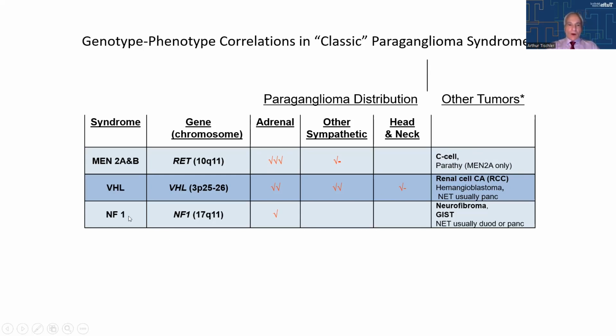Similarly, in neurofibromatosis type 1, we have predominantly adrenal tumors, and the associated tumors there are GISTs. And in VHL, the associated tumors include renal cell carcinoma.